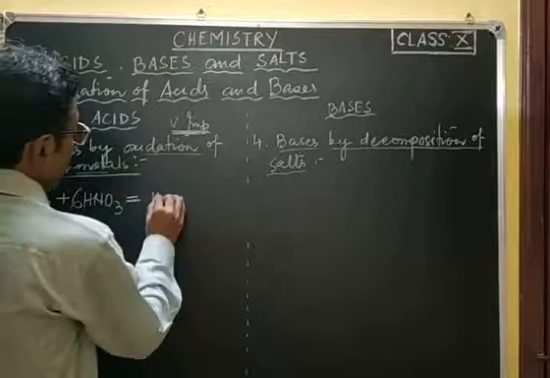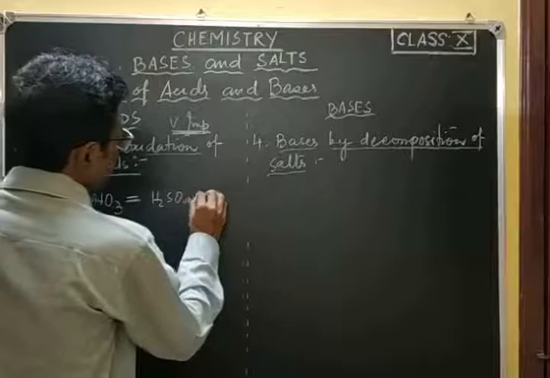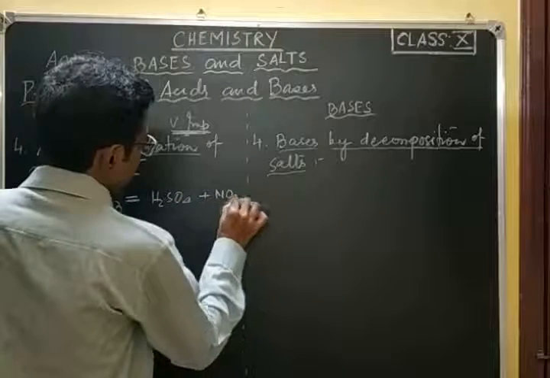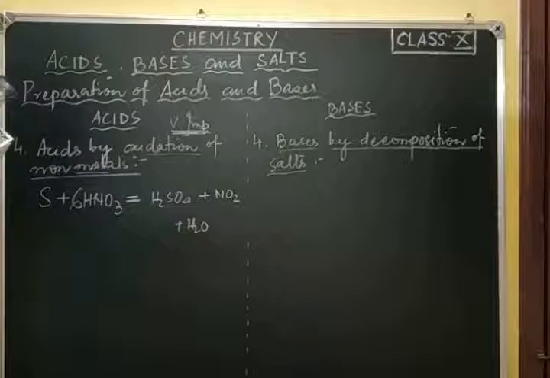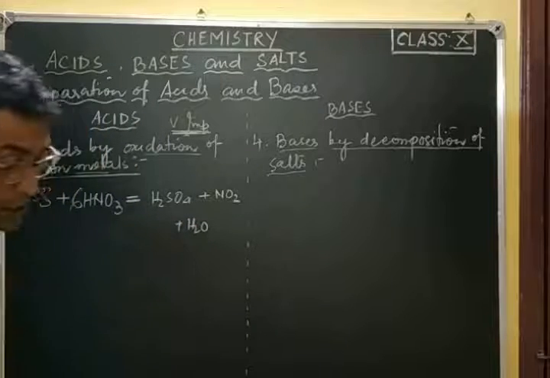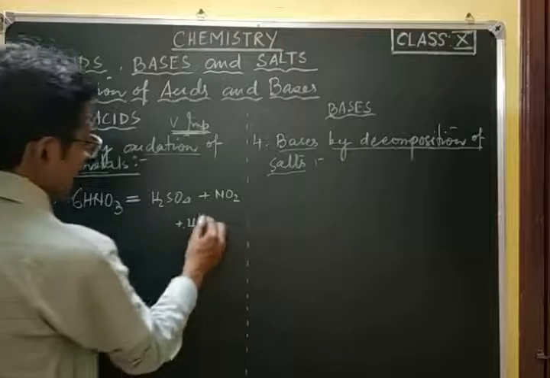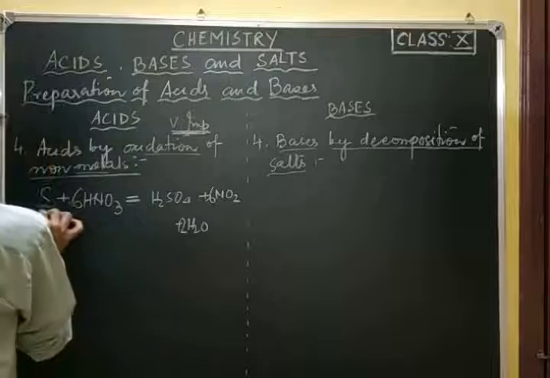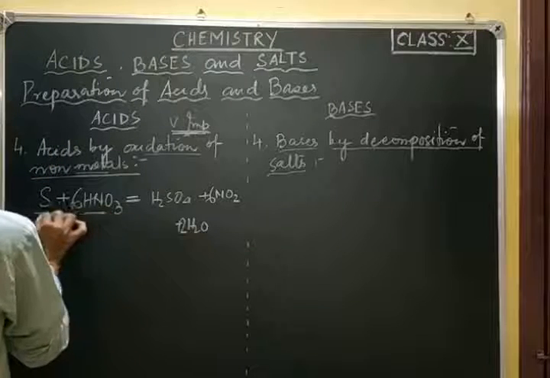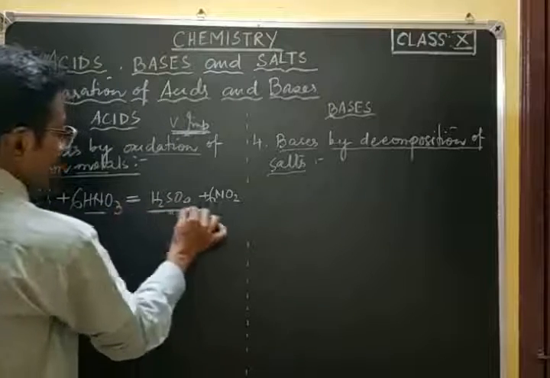So you can write H2SO4 plus NO2, nitrogen dioxide, plus water. So I am just balancing it. So it will be 6HNO3 and this will be 2. Check the balancing. So here you can see an acid reacts with a non-metal to produce another acid.